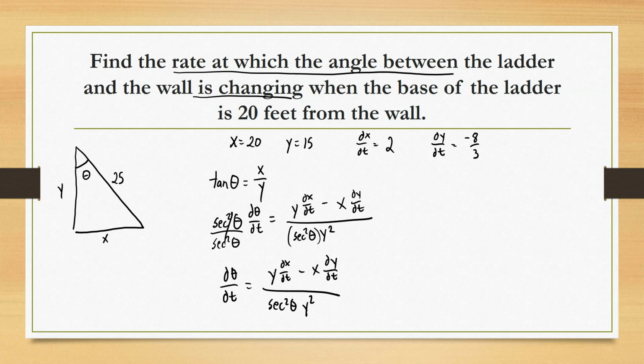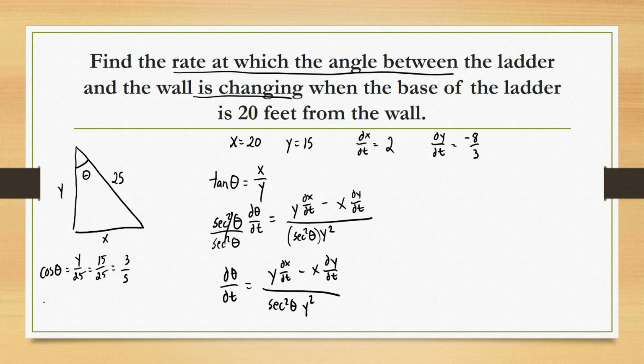Now I've got y, I've got dx/dt, I've got x, I've got dy/dt, I've got y squared because I know y. What I don't have is secant squared theta. Or do I? Secant squared theta is the reciprocal of cosine squared theta, right? So what is cosine theta? Cosine theta is adjacent over hypotenuse, so y over 25. But I know that y is 15, which is just 3/5.